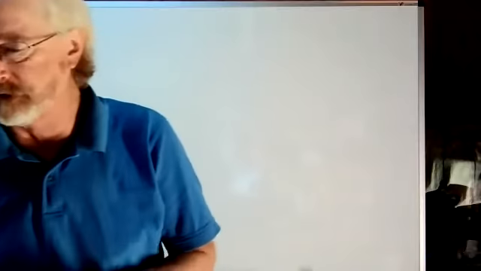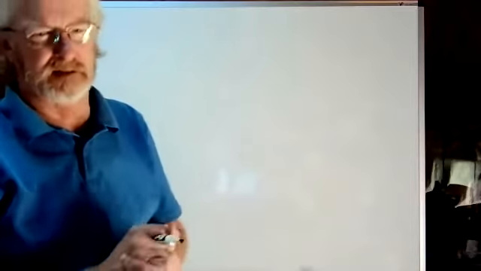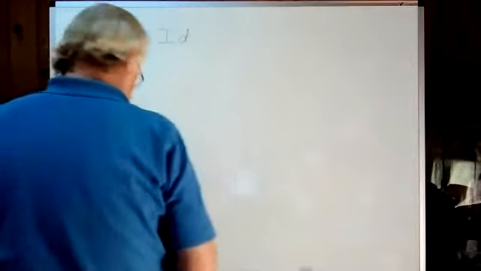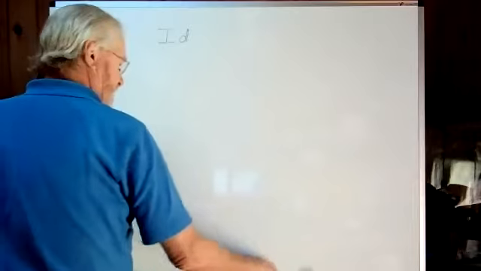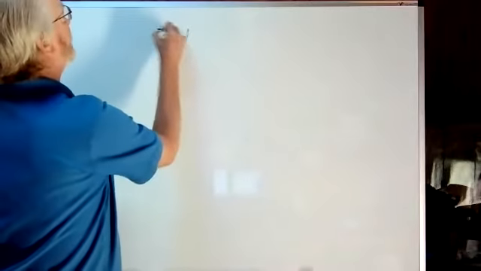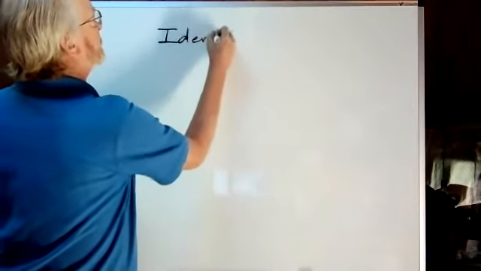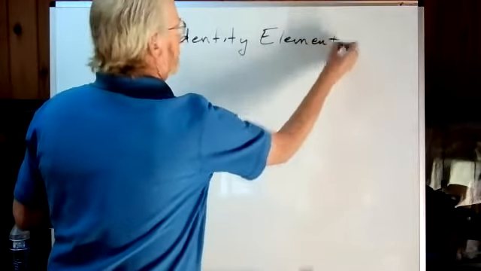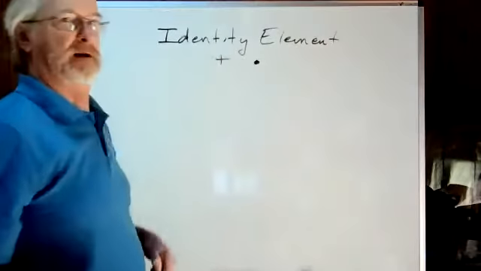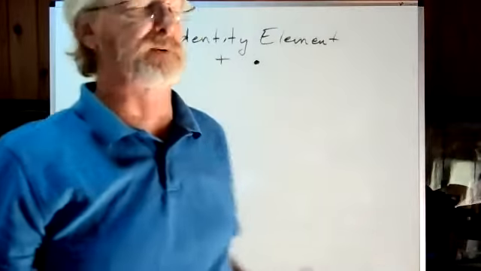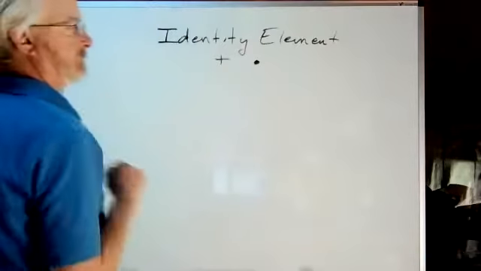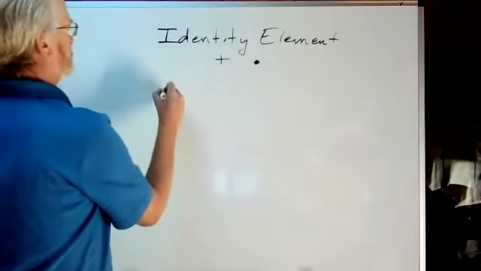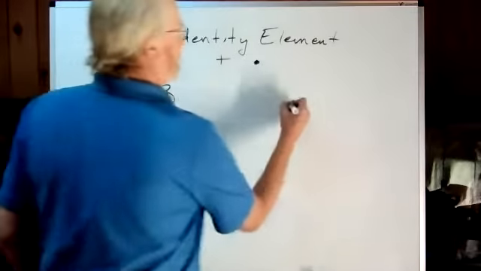Another couple of properties we'll use a lot, especially when solving equations. The next one is called identity. For multiplication and addition, there is what we call an identity number, element, or property. Every number has an additive identity.